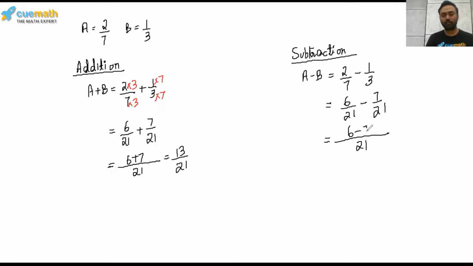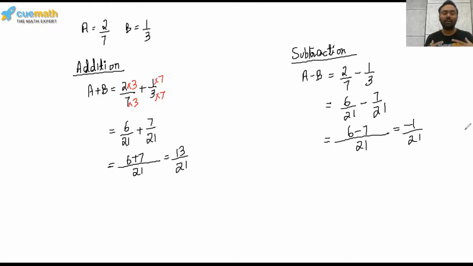So 6 minus 7 over 21 would give us negative 1 over 21. So based on this result, we again can conclude that when we subtracted, or found the difference of two rational numbers, we again got a rational number as the result, which is negative 1 over 21 in this case. So the set of rational numbers is closed under both addition and subtraction.